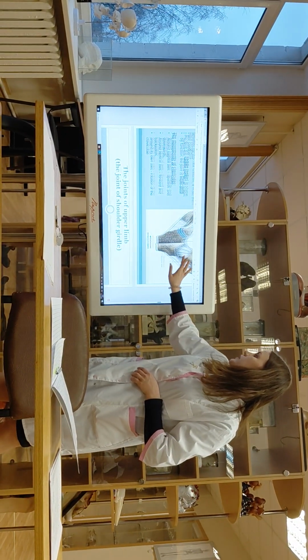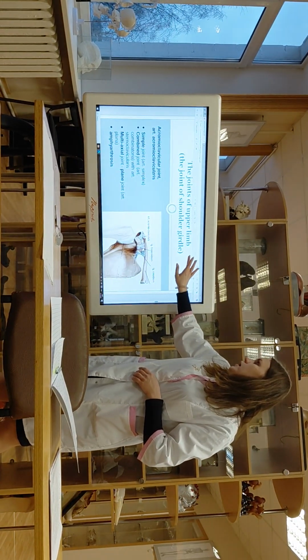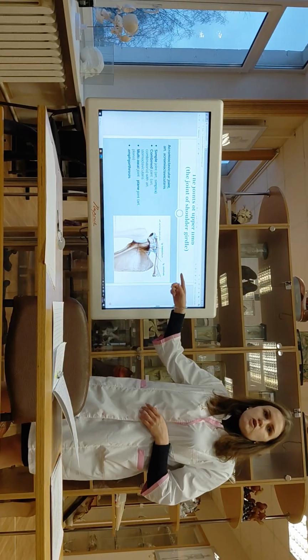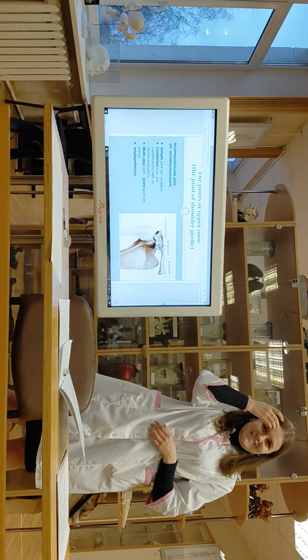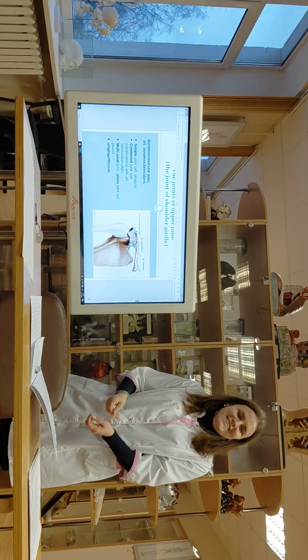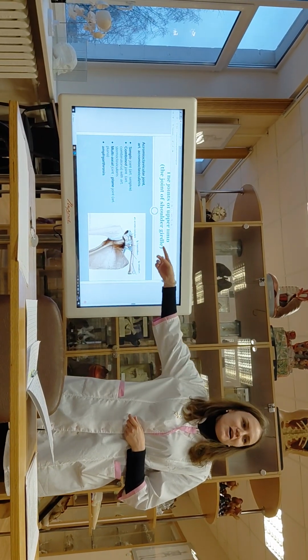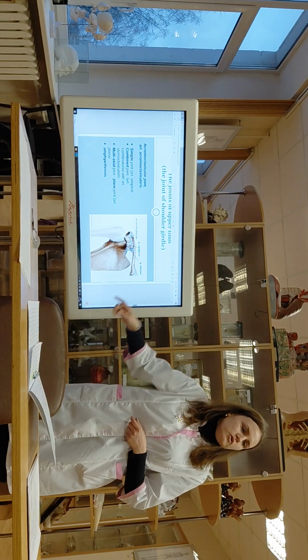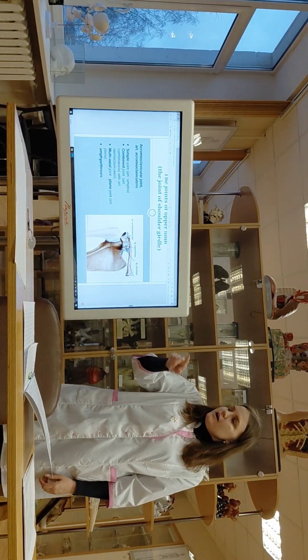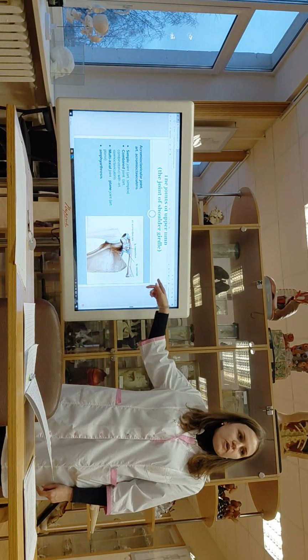This is the sternoclavicular joint, and the last for today, the acromioclavicular joint, articulatio acromioclavicularis. Acromion of what bone? Acromion, scapula. And extremitas acromialis of the clavicle.